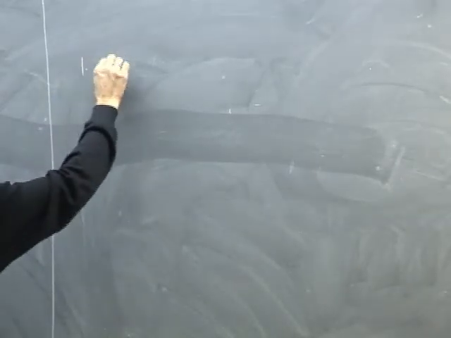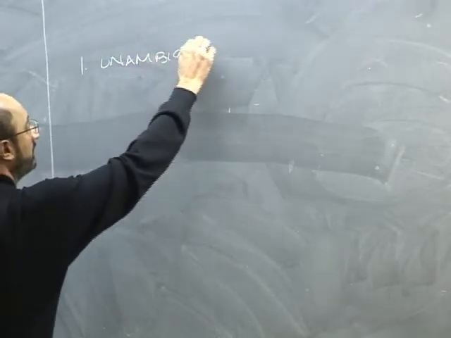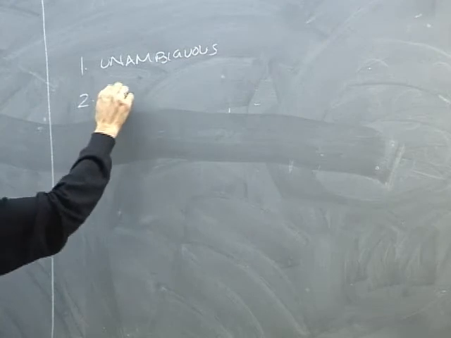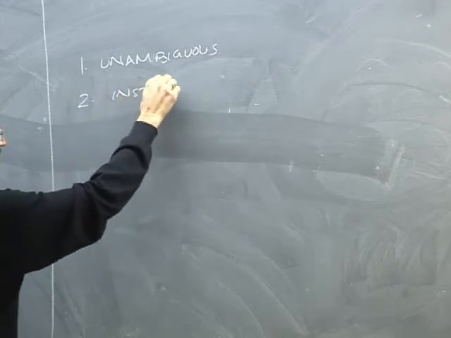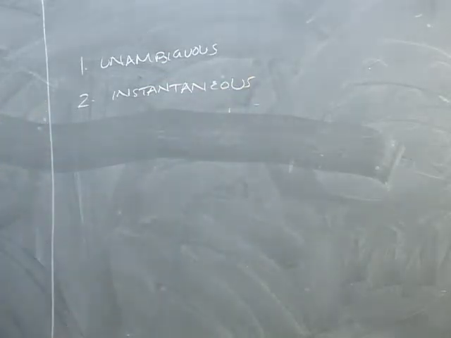And you take a look at it and you say, okay, first, is it unambiguous? And is it instantaneous? These are two things you can answer for any code without having to know whether it's optimal or suboptimal or good or bad. I'll just give you a code book, you take a look at it.